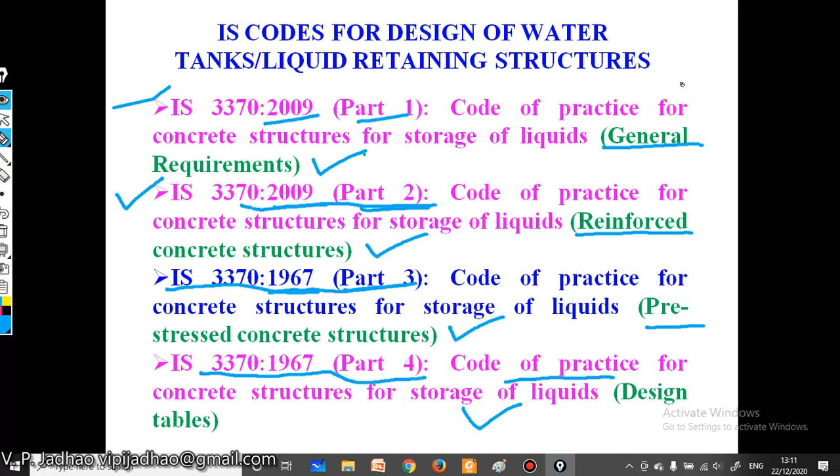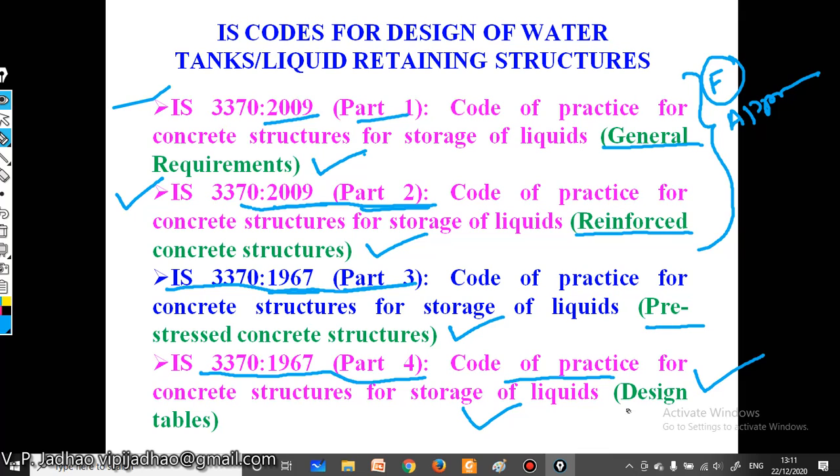So the first two give general guidelines, and they can also be used for design of flexible water tanks by using an approximate method. Whereas if you want to design as per the IS code method, then you will be required to use IS 3370 part 4.